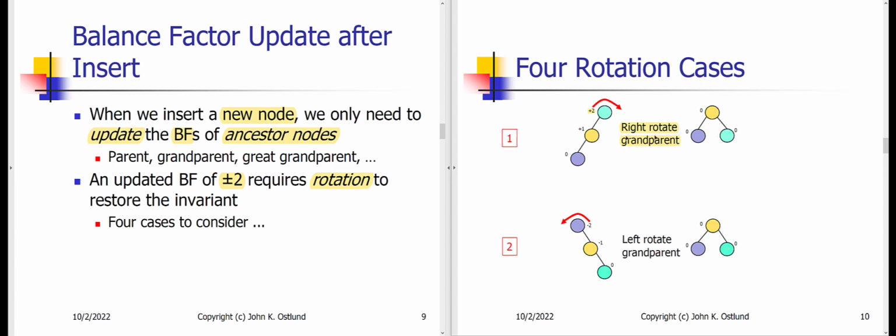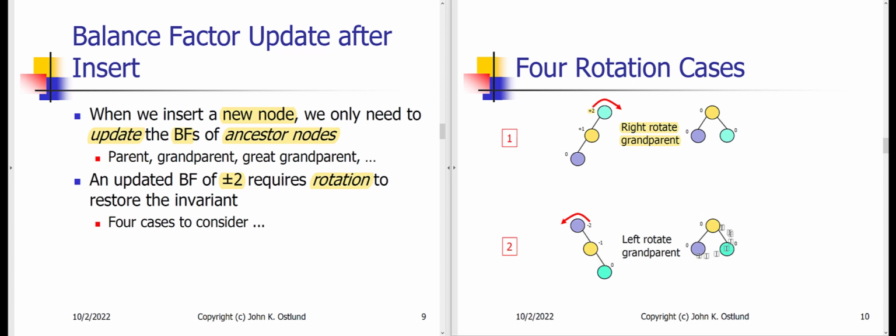Okay, so that's one case. If our newly inserted node leads to a situation like this, then a single right rotation of the grandparent will solve the problem. And then we have the mirror case, no big surprise. In the mirror case, where the topmost node has the lowest value, and the newly added node is the one with the highest value, then we simply do a left rotation on the grandparent.